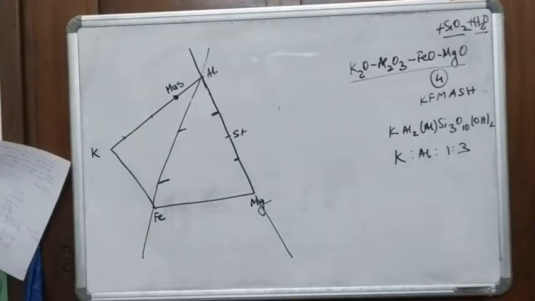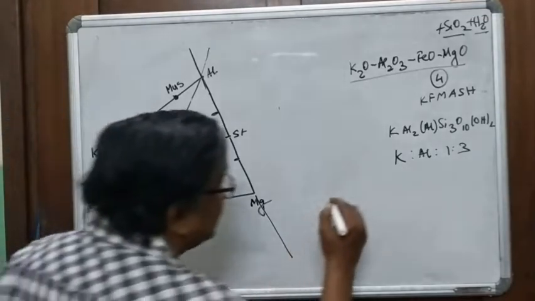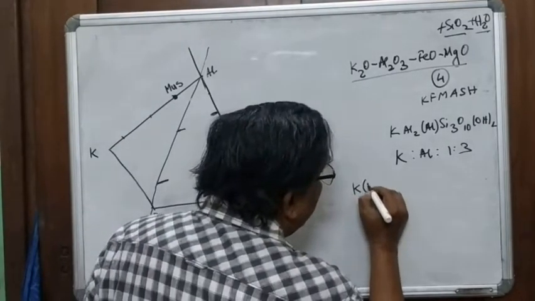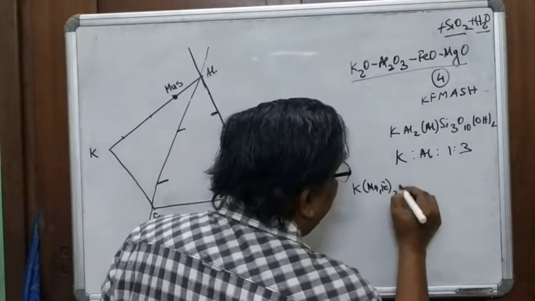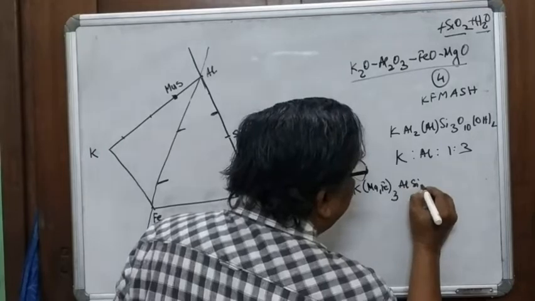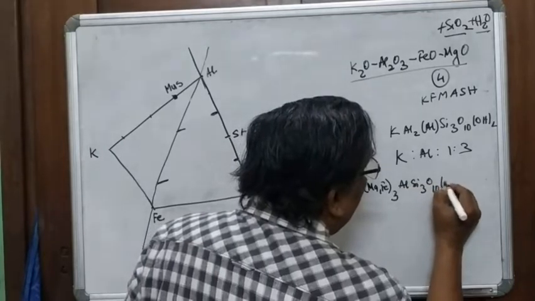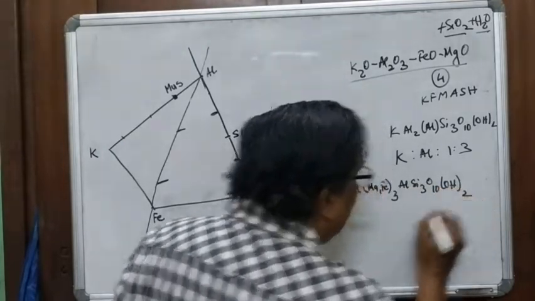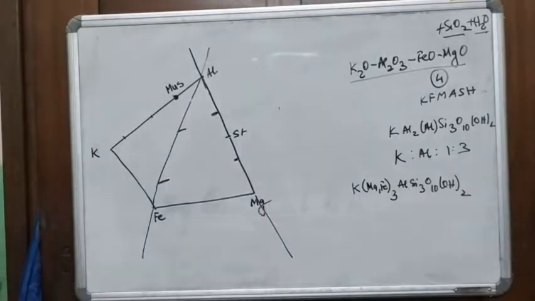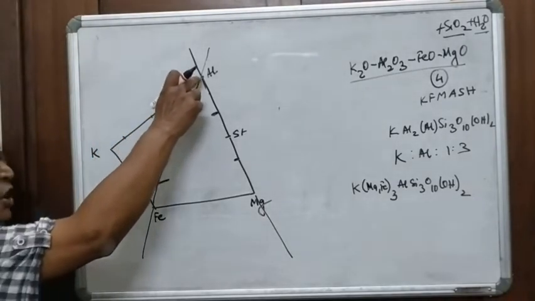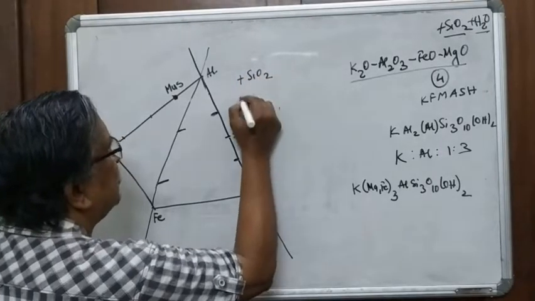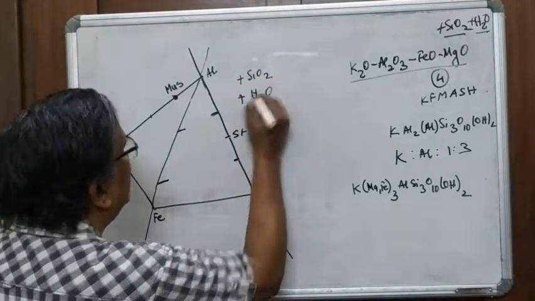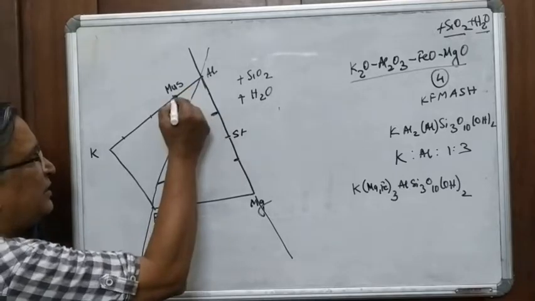Where will biotite plot? Biotite has the formula K(Mg,Fe)3AlSi3O10(OH)2. That's the formula of biotite. Muscovite lies here, plus SiO2 plus H2O. I don't have to repeat this every time. So muscovite plots here.